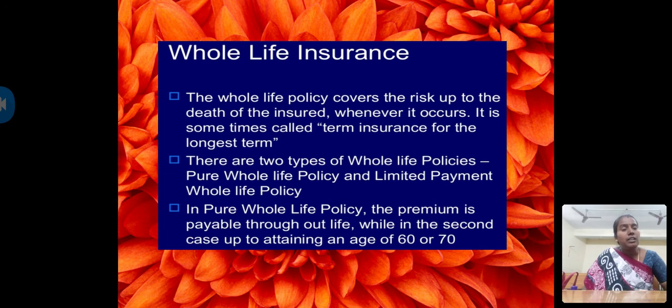The whole life insurance covers the risk up to the death of the insured, whenever it occurs. It is sometimes called term insurance for the longest term. There are two types of whole life insurance policies: pure whole life and limited payment whole life insurance. In pure whole life policy, the premium is payable throughout life, while in the second case, it is payable till attaining the age of 60 or 70 years. So limited payment policy, what is happening?